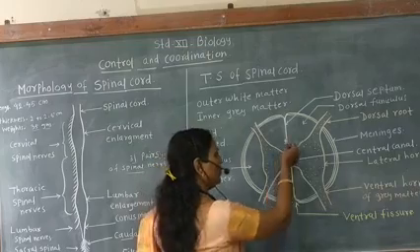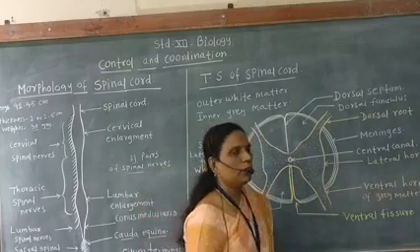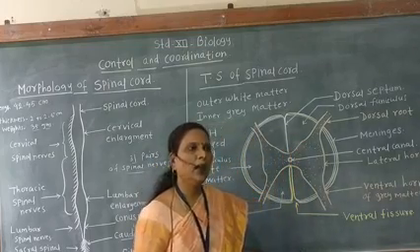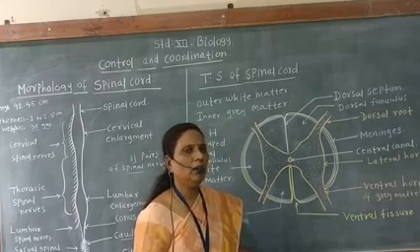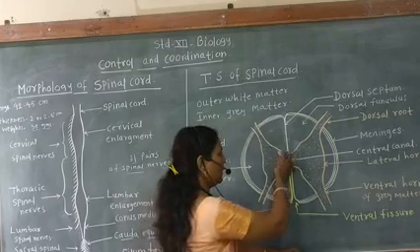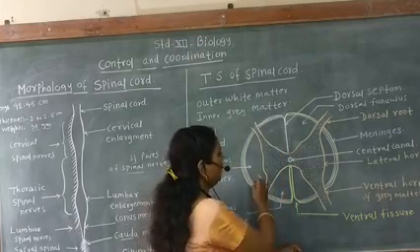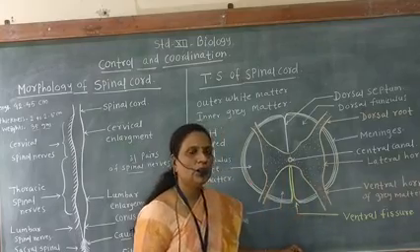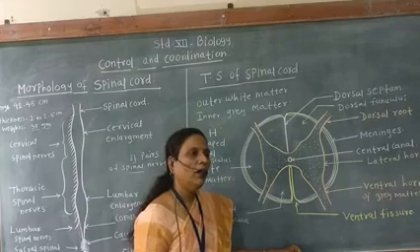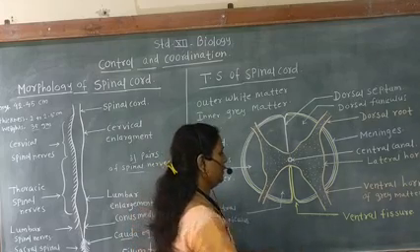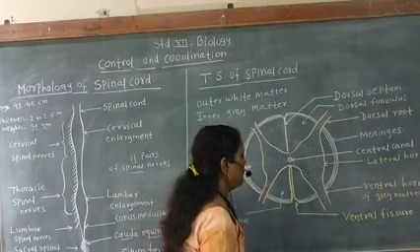The dorsal funiculus mainly shows ascending sensory nerve fibers, while the ventral and lateral funiculi show descending motor nerve fibers.